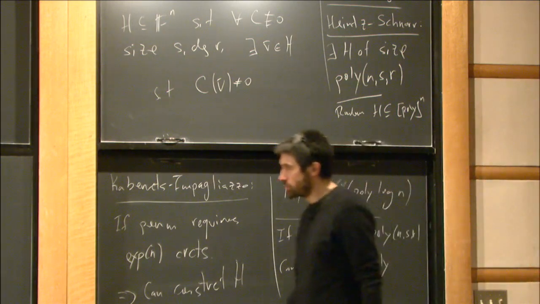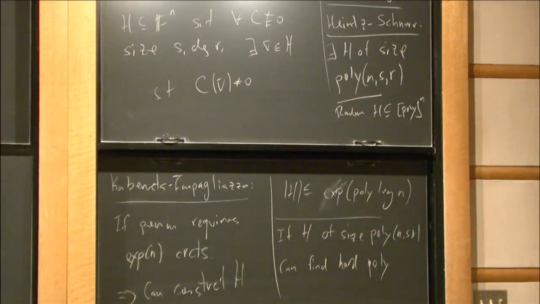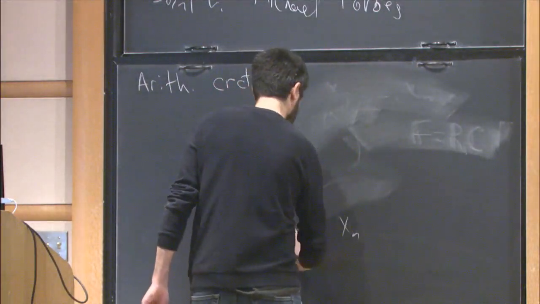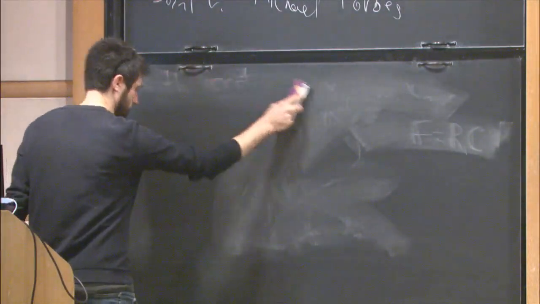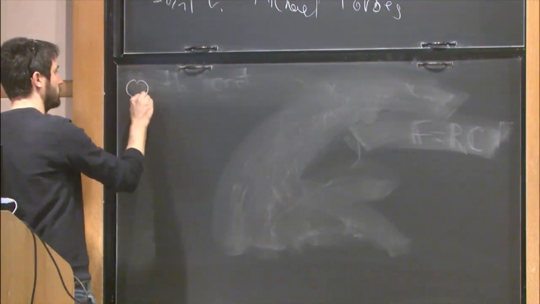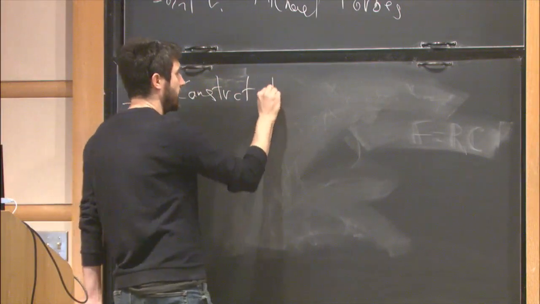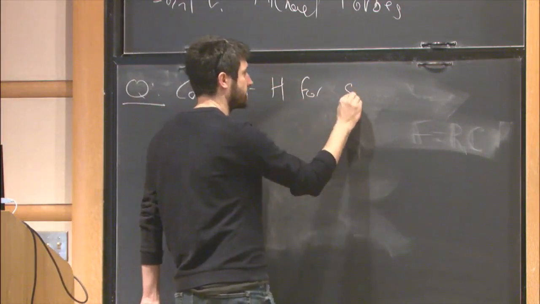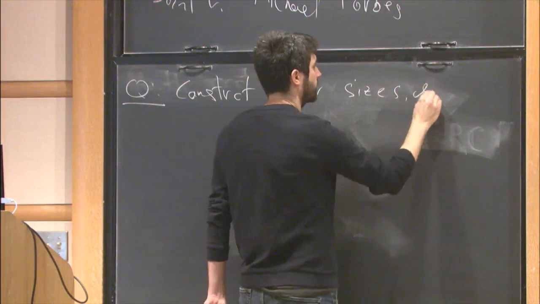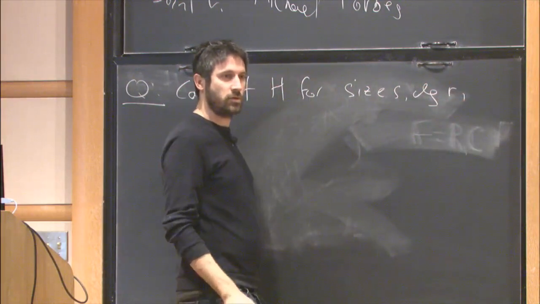But here's the basic question that we're interested in. So we want to construct H for, let's say, size S and degree R circuits. Okay?